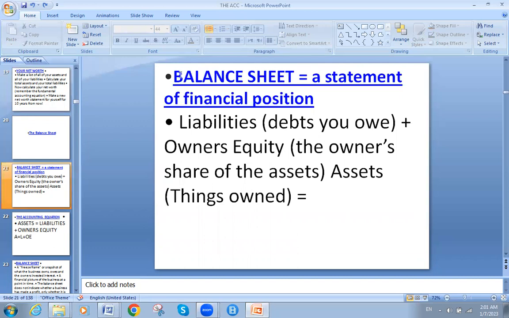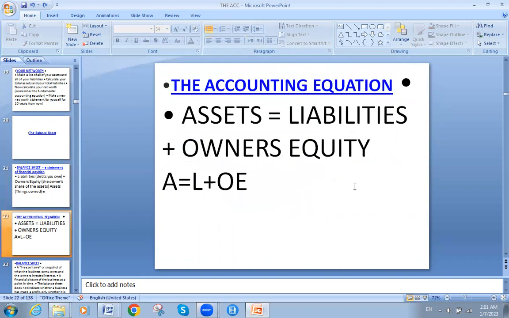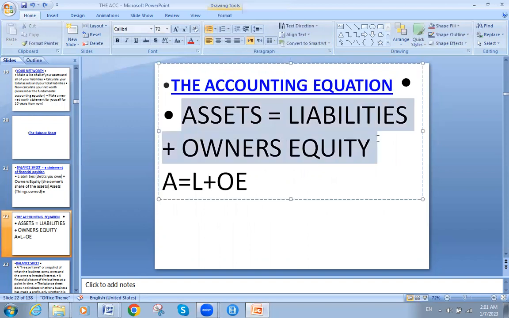The balance sheet is a statement of financial position. Liabilities are the debts, and the owner's equity is the owners' share of the assets, which are the things owned. So like we said before, assets will equal liabilities plus owner's equity.